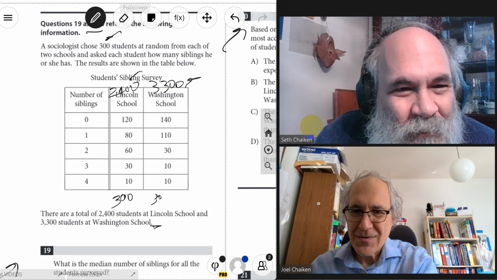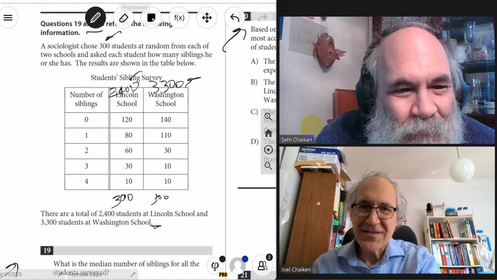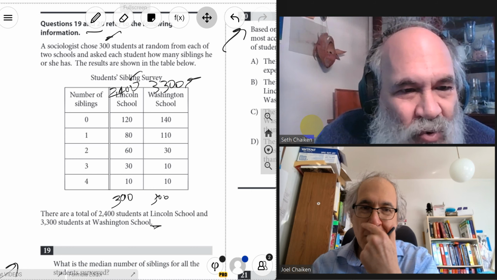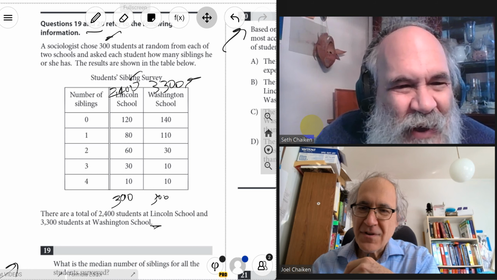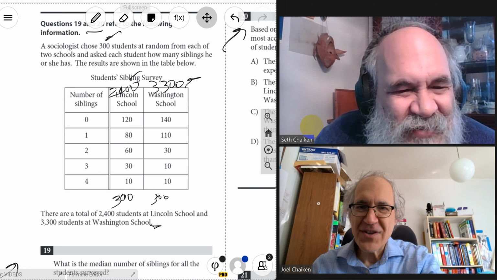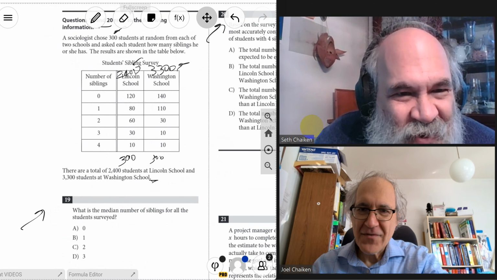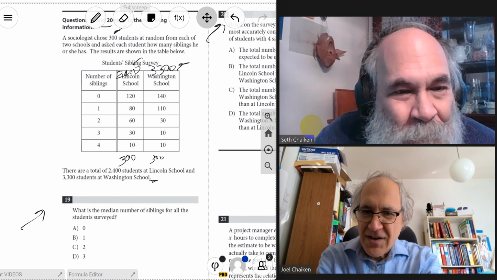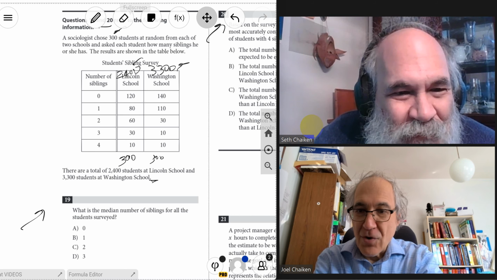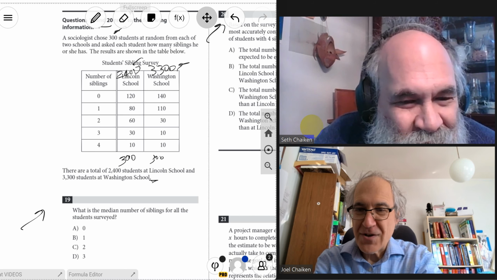Oh, they say the total. Okay, great. At the bottom, it says there's a total of 2,400 in Lincoln and 3,300 in Washington. Okay. What is the median number of siblings for all the students surveyed?